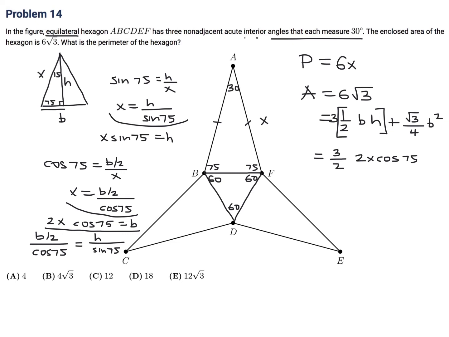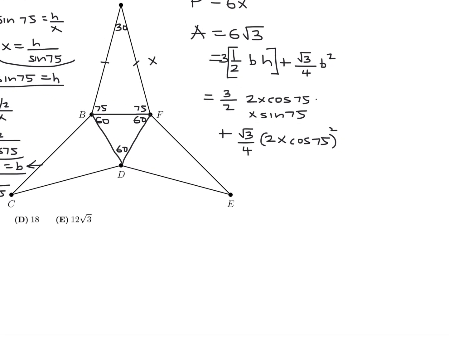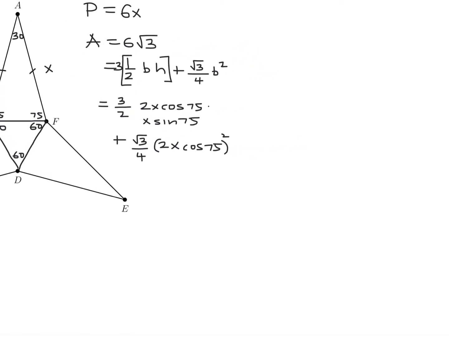And then the height I've got here, which is going to be x sine 75. And then root 3 over 4 b squared. B, again, I'm going to use that one, which is 2x cos 75 all squared, right? Because it's b squared. Okay, that's pretty good. It's going to be a lot of algebra, though.